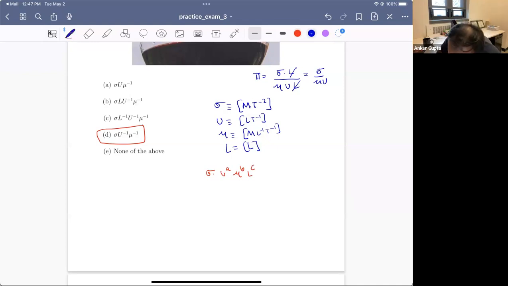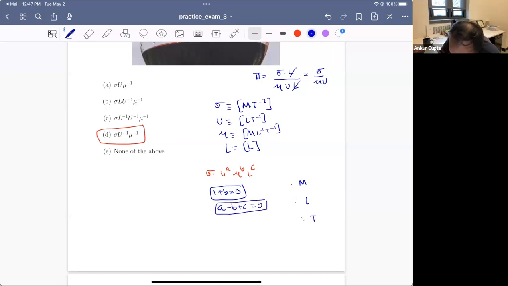So let's do mass first. Mass is only in sigma and mu, so it becomes 1 plus B is equal to 0. This is mass M. Then let's do length. Length is in 3. We don't have anything in sigma, but we do have A, B, and C. So it's A minus B plus C is equal to 0.